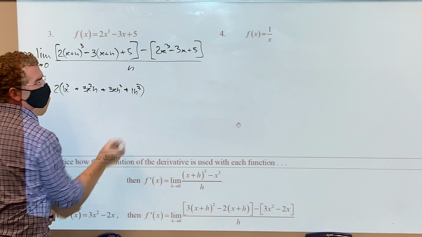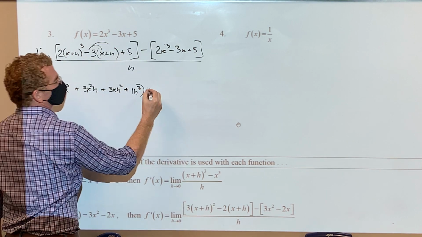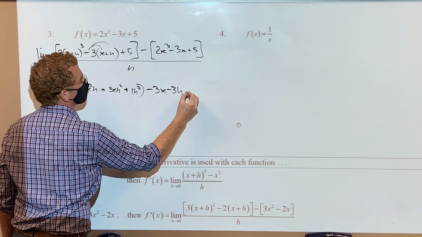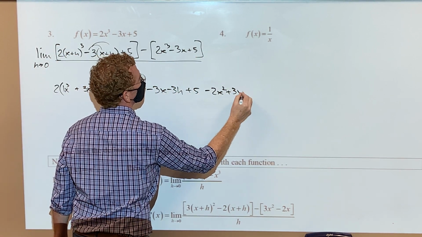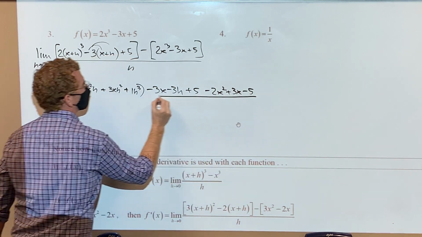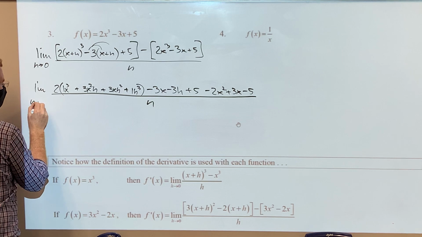And I am sure glad I learned that, but you won't have to do that on a test, don't worry about it. And then distribute the -3, bring down the 5, distribute that negative, all of that over h.